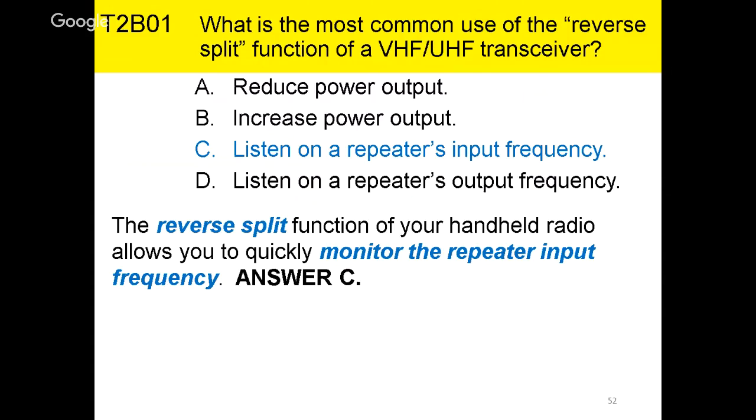Sometimes that's also used if you meet on the repeater and you can hear each other on the input. You just say, hey, let's go to a simplex frequency and not tie up the repeater. You just move off to 146.52 or any one of the other simplex frequencies and chit chat all you want there. So that's a good purpose for the reverse split function of a VHF/UHF transceiver.